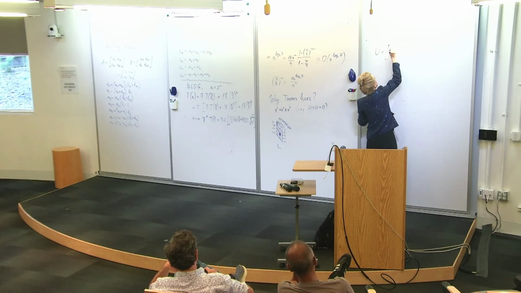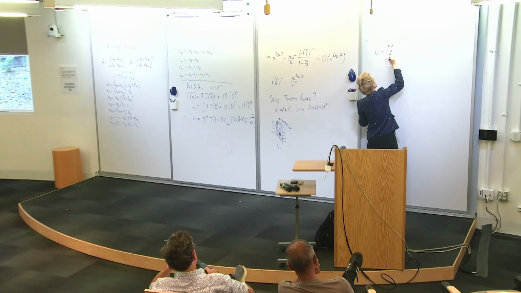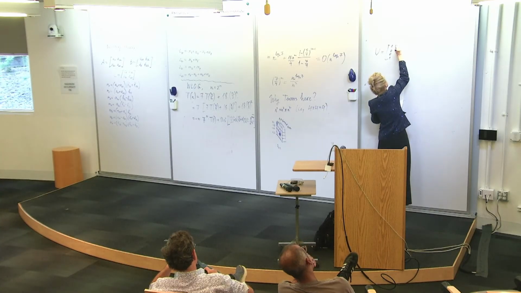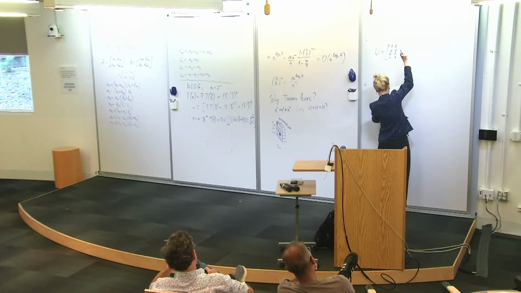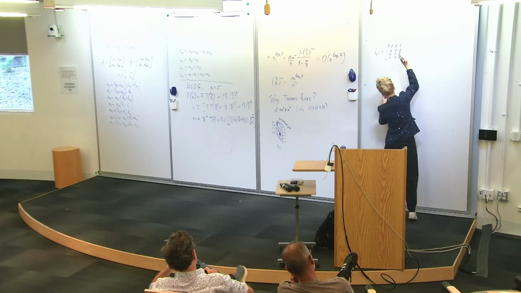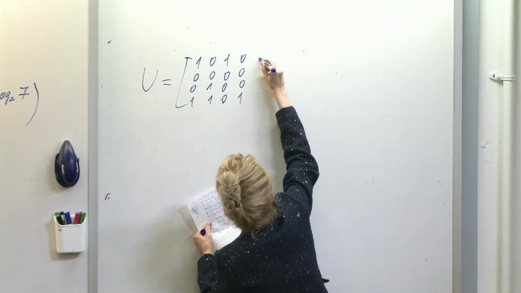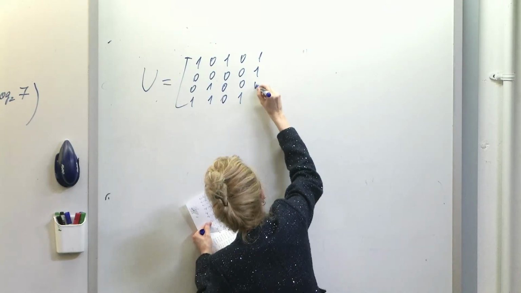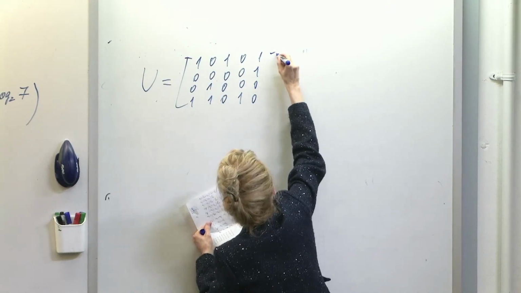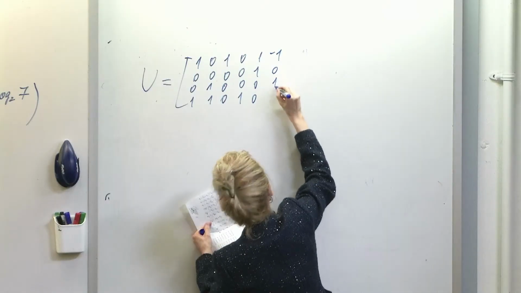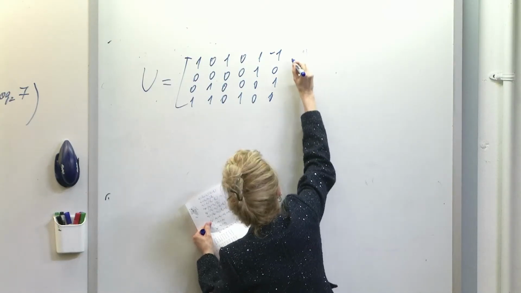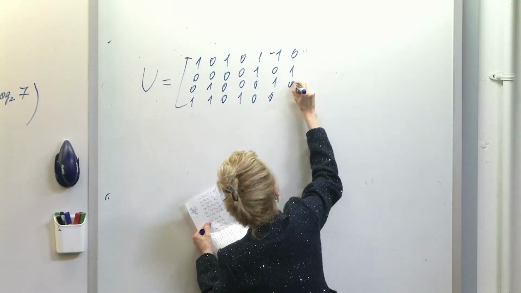What's going on here? We have U, which is 1, 0, 0, 1, for example 0, 0, 1, 1. I'll write a few of these down, and you'll see the method to this madness: 0, 0, 0, 1, 1, 1, 0, 0, minus 1, 0, 1, 0, 0, 1, 0, minus 1.